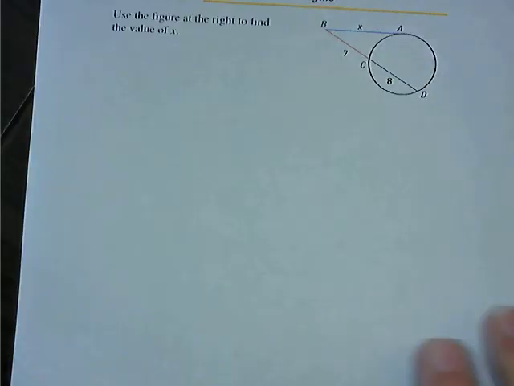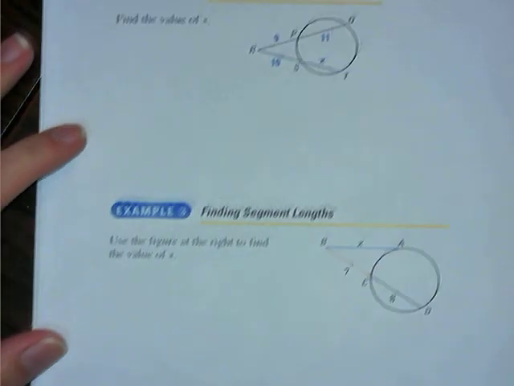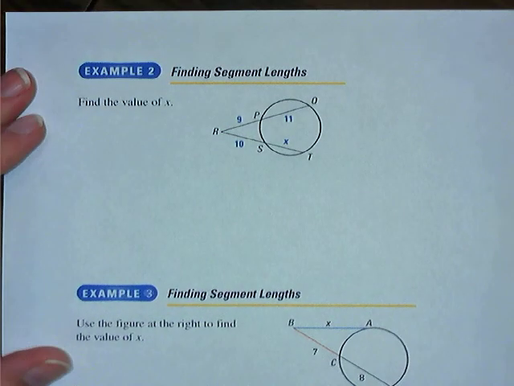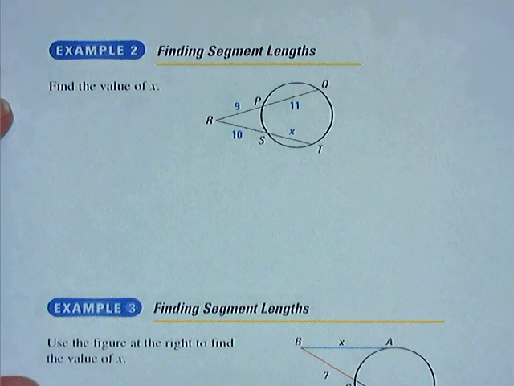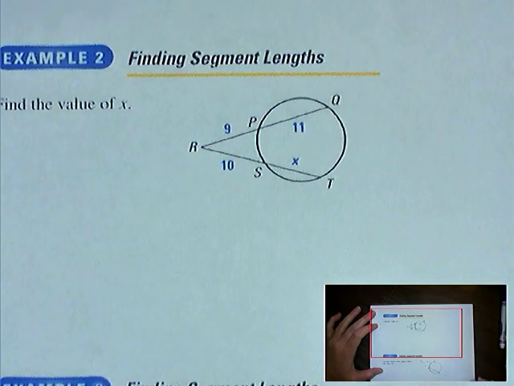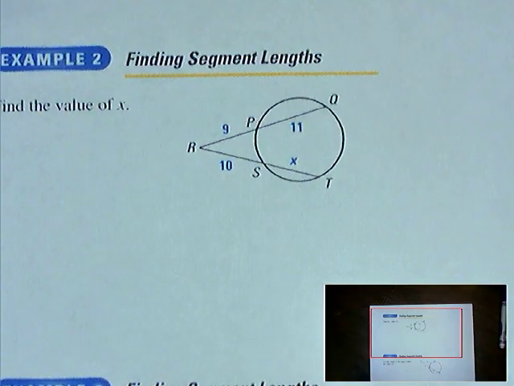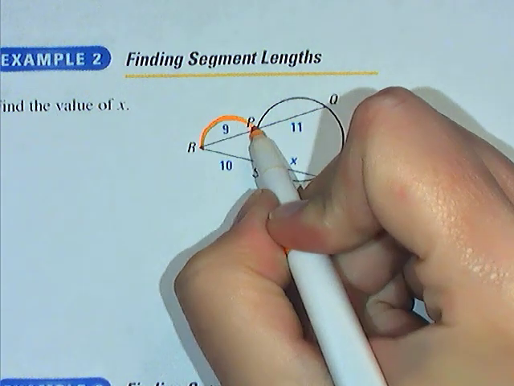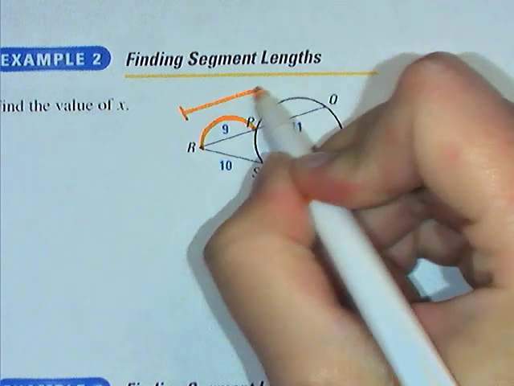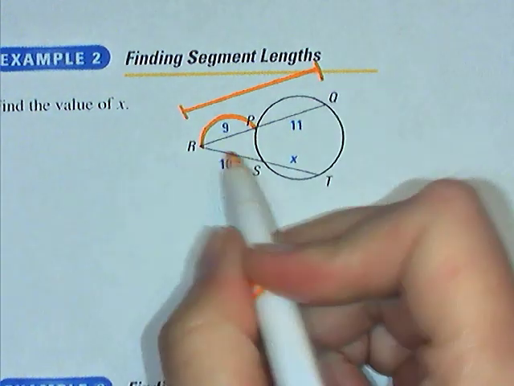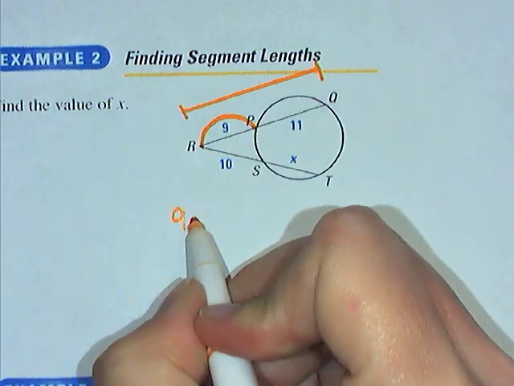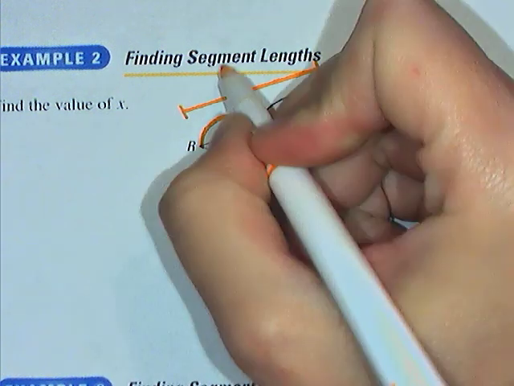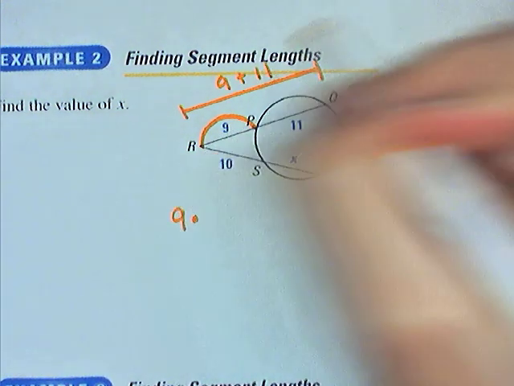Okay, here is one with two secants. So on this one, you would take, remember the rule, outside times whole length. So 9 times, and then you have to add those two together, 9 plus 11.